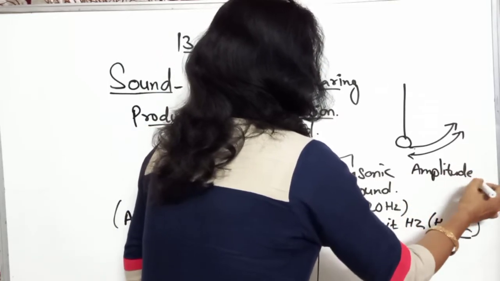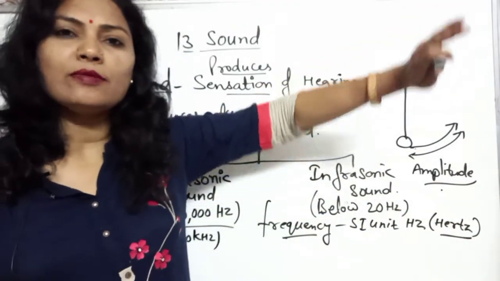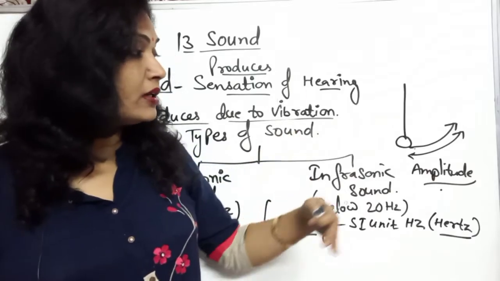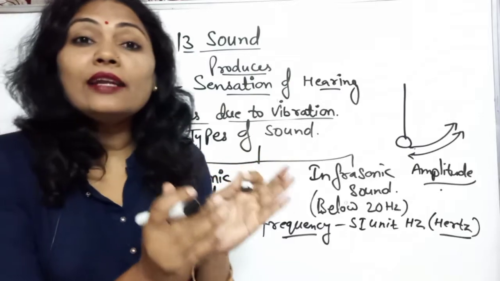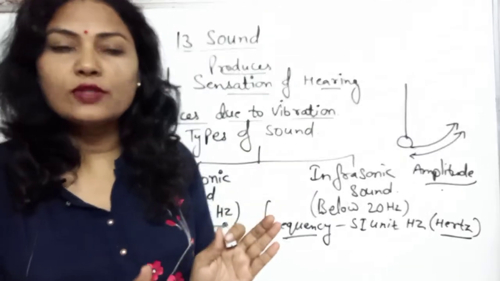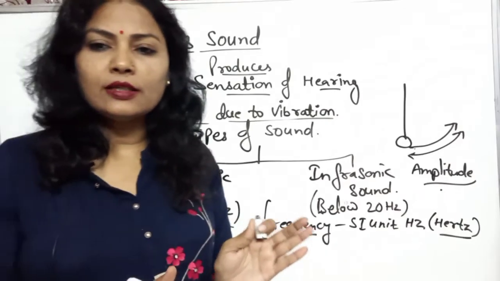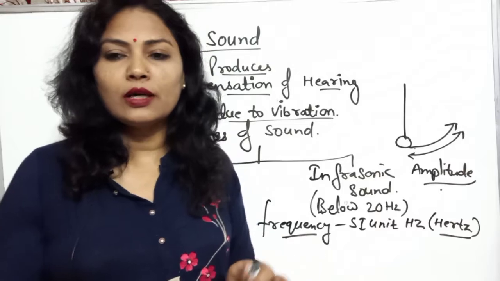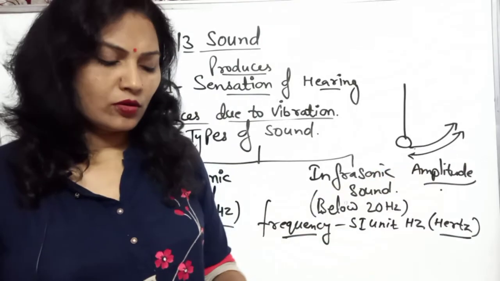Loudness depends on the amplitude. If the distance is maximum, then the sound is loud, and if the distance is small, then the sound will be soft. You can say that loudness of sound depends upon the amplitude of the vibrating body.